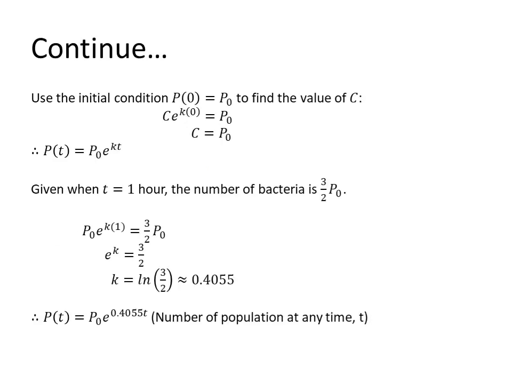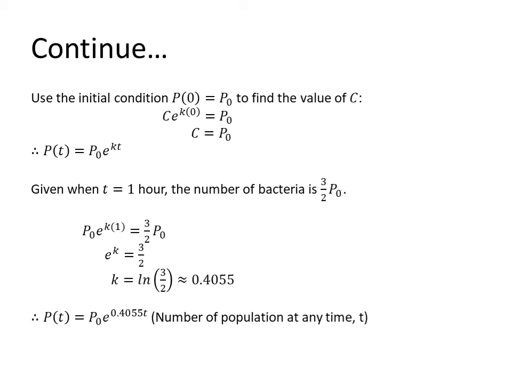Next, use the initial condition P of 0 equals P naught to find the value of C. C equals P naught. Therefore, the equation of P becomes P of t equals P naught e to the power of kt.